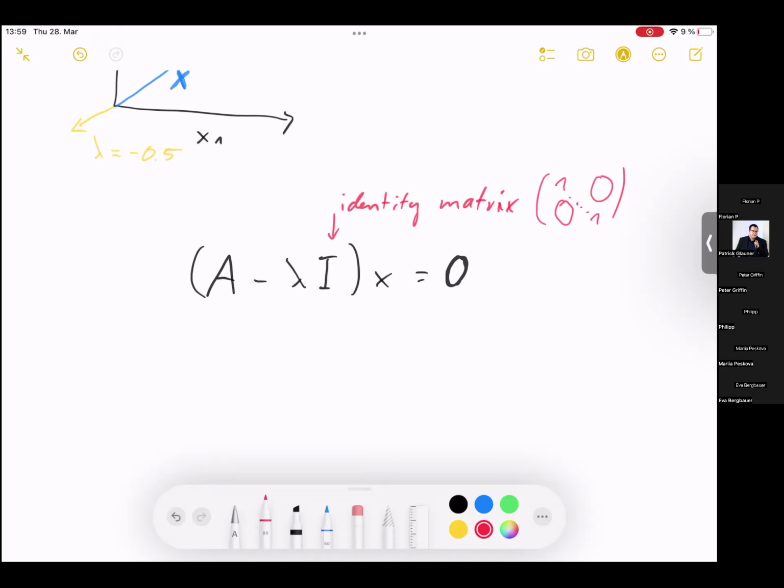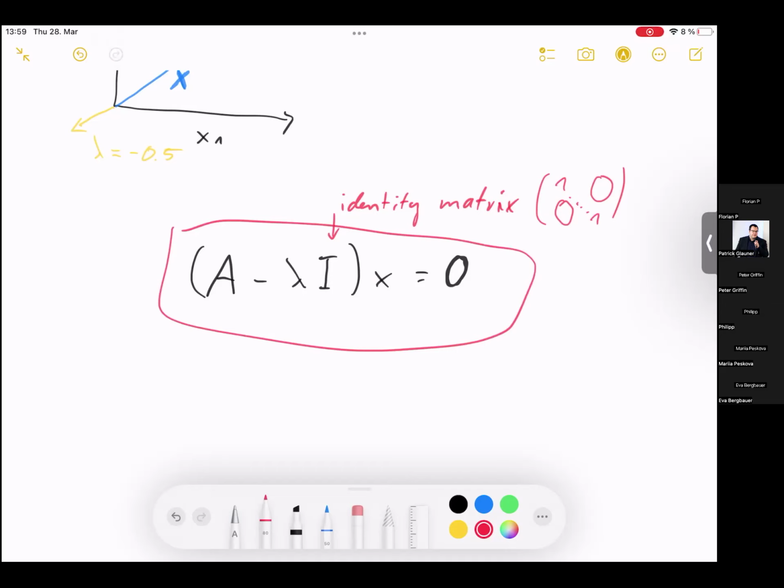And now we want to find the eigenvectors of A and the corresponding eigenvalues. We need to solve this system of linear equations in order to find them.